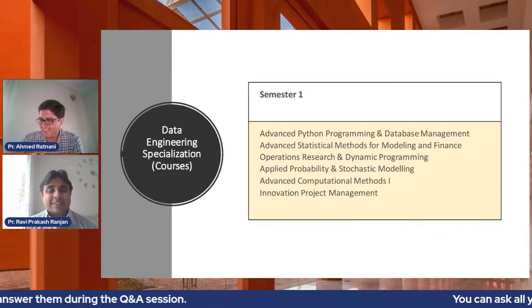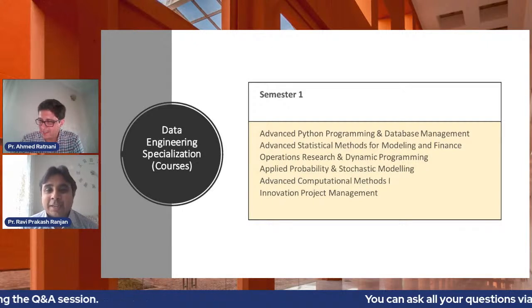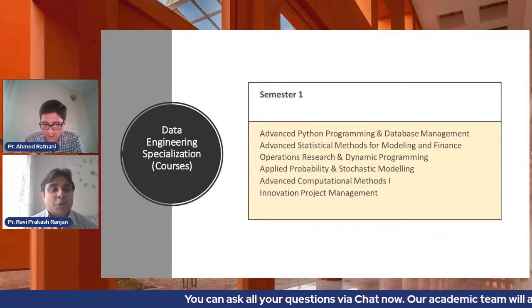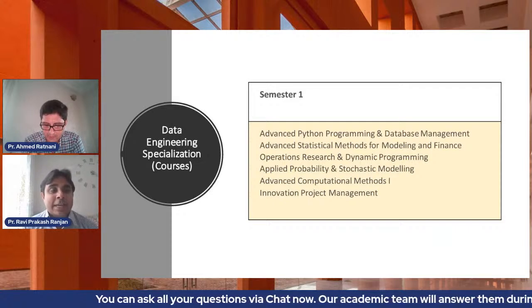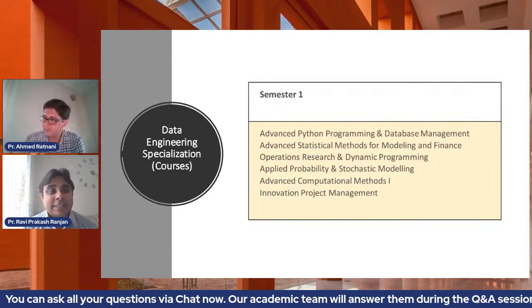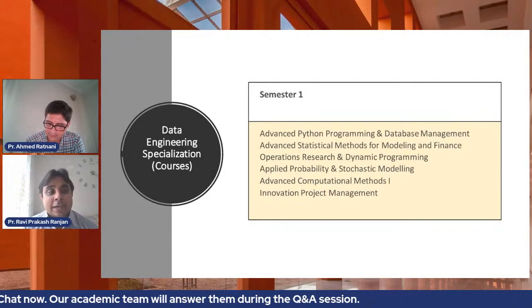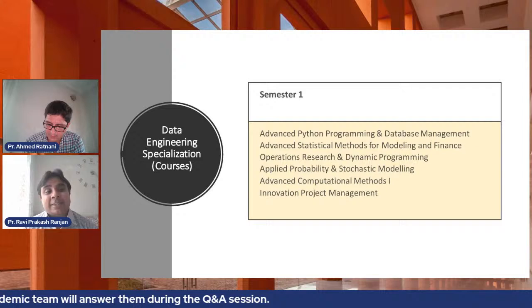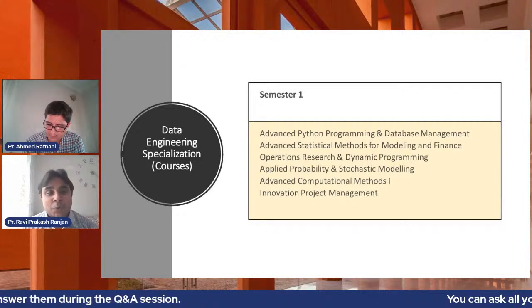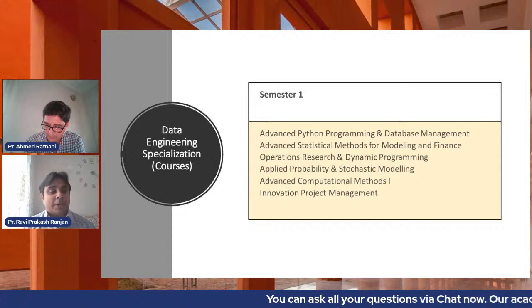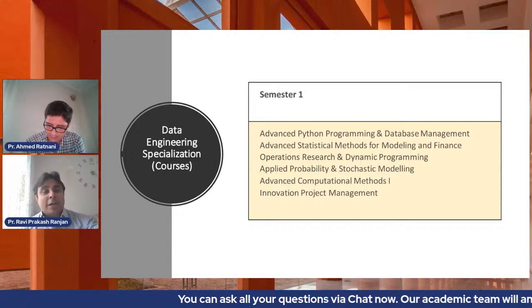Yeah, thank you, Ahmed. So, in this statistical course, again, we assume that the students entering the program have a basic idea about statistics. But in this course, we try to go a bit more advanced, specifically in the dimension of statistical inference. We do hypothesis testing more rigorously. We talk about Neyman-Pearson theorems.